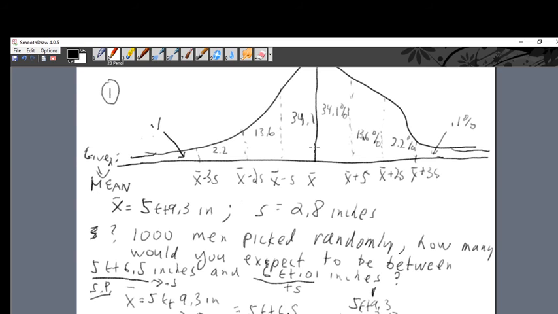Add those two together, and approximately 68% of these 1,000 men are going to be in this range, in between these two. So the answer is 68%, this 34% and that 34%, a total of approximately 68%. We could say 68.2%, but 68% is probably a good enough answer.